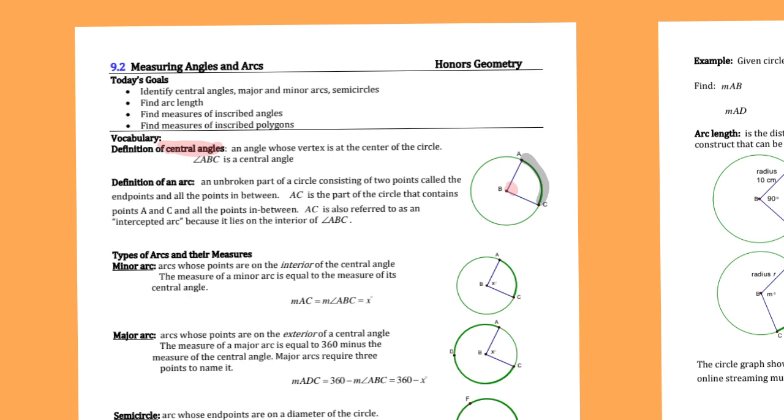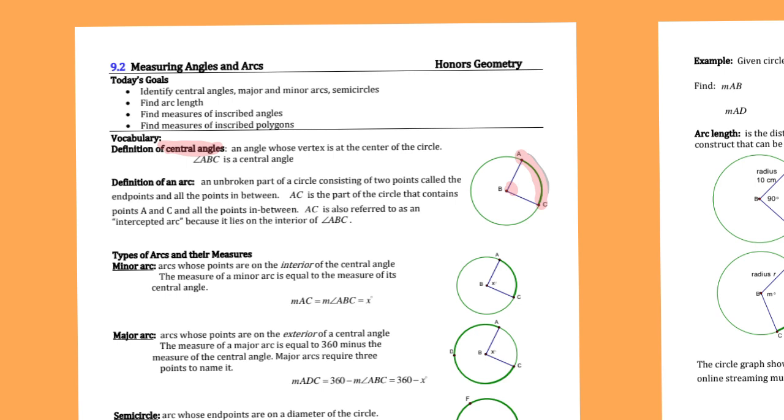And so an arc, okay, would be an unbroken part of the circle that is formed by endpoints A and C and every point in between them. Okay, so that would be an arc right here. And if you go all the way around, that would be the circumference of the circle. So a part of that would be an arc. And then there's more words here.